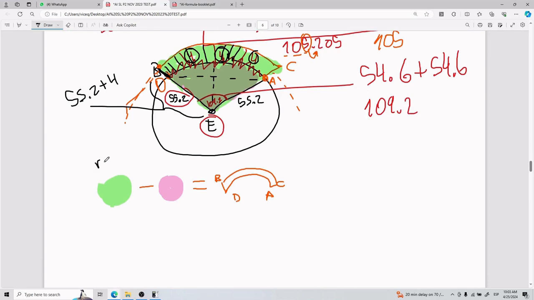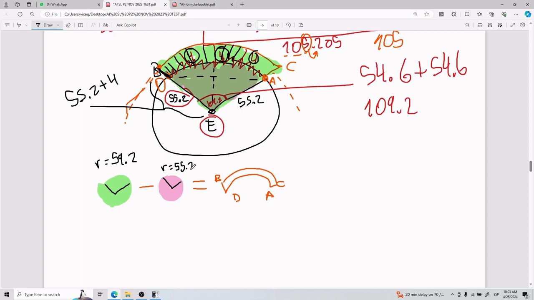So the radius of this big circle is going to be 59.2, while the radius of this smaller one is our classic 55.2.